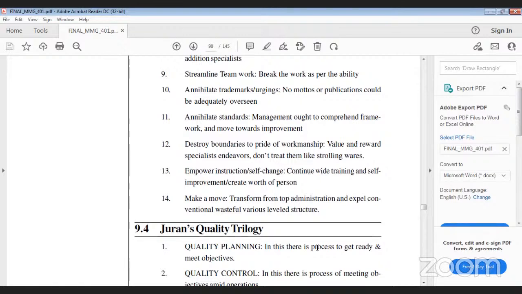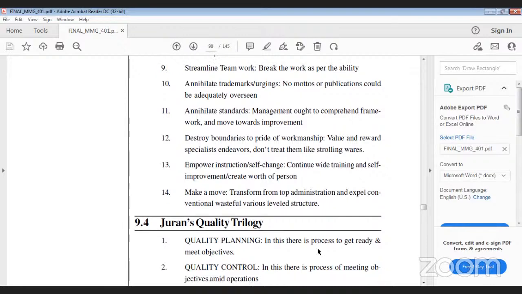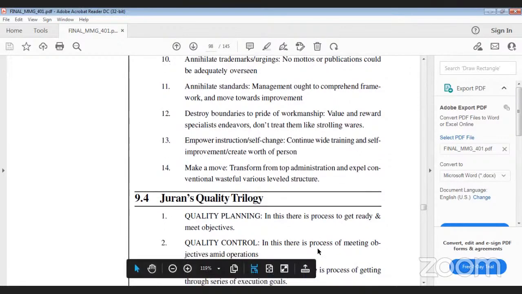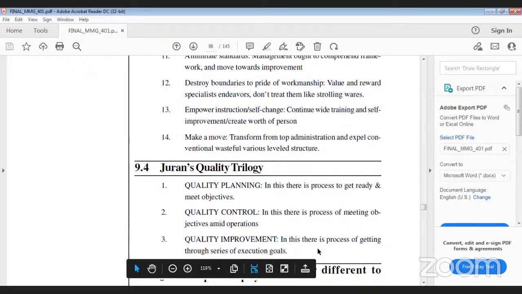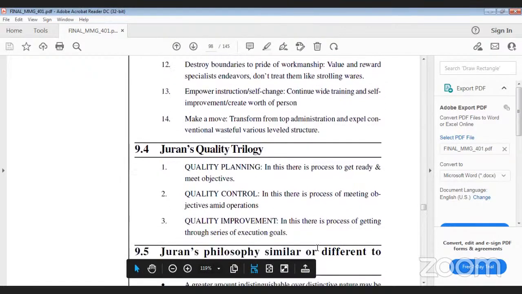So these were the principles or points given by Mr. Deming, 14 points. Now there are 3 points given by Juran's quality trilogy. Trilogy means 3 points. Quality planning: a process to get ready and meet objectives.